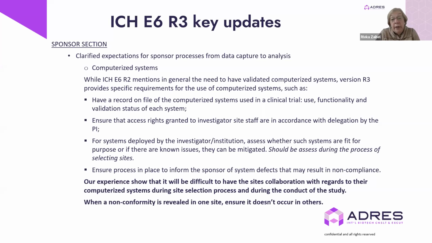That's something, again, that we learned from our experience: you identify a non-conformity with data, something that we have seen repeatedly. Ensure that it doesn't occur in other sites, and if it does, ensure that you have a mitigation and remediation plan for that.